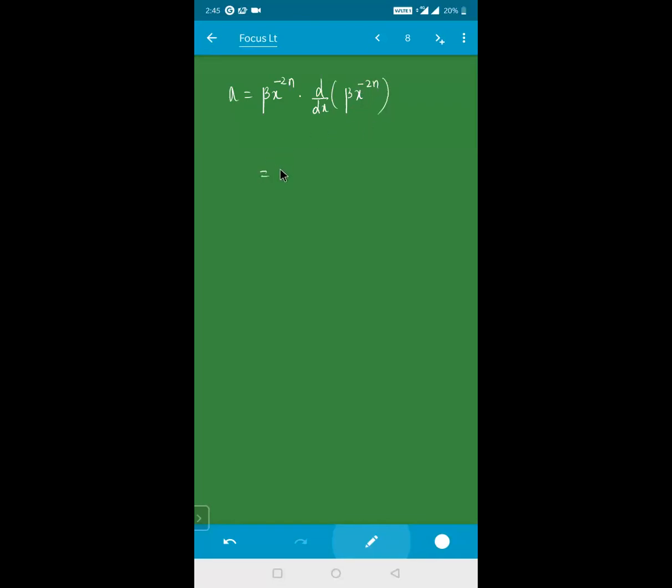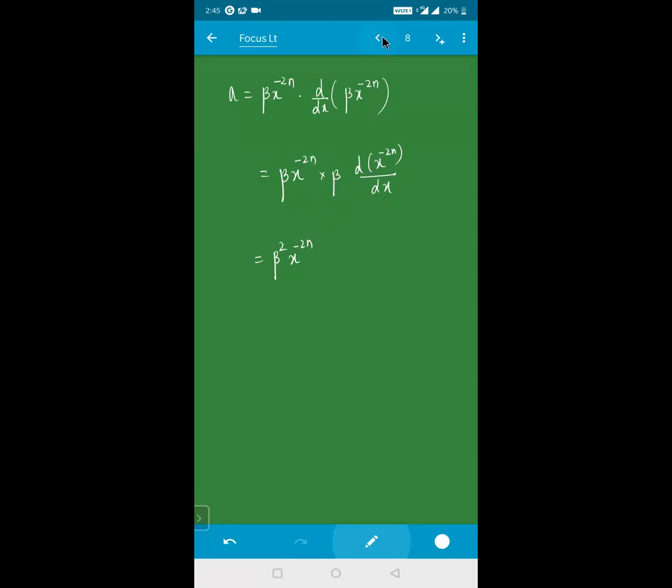So this will be equal to beta x to the power of minus 2n, and beta is a constant, so bring it out: into beta times the differentiation of x to the power of minus 2n divided by dx. So beta into beta becomes beta square, x to the power of minus 2n.